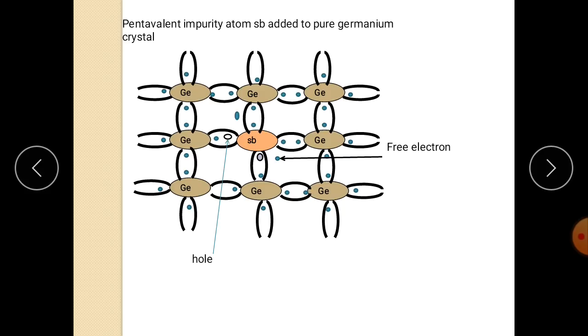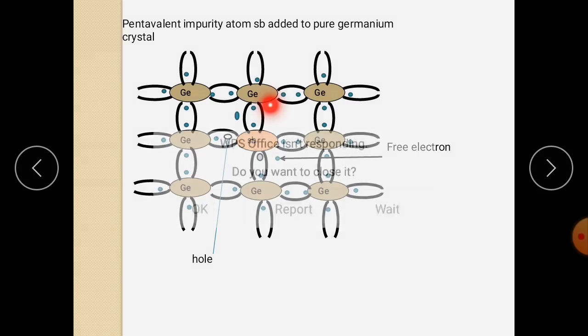See in this figure, the antimony atom has 5 valence electrons and the germanium atom has 4 valence electrons. When this antimony atom is added to the germanium crystal, one of the germanium atoms is replaced by the antimony atom.